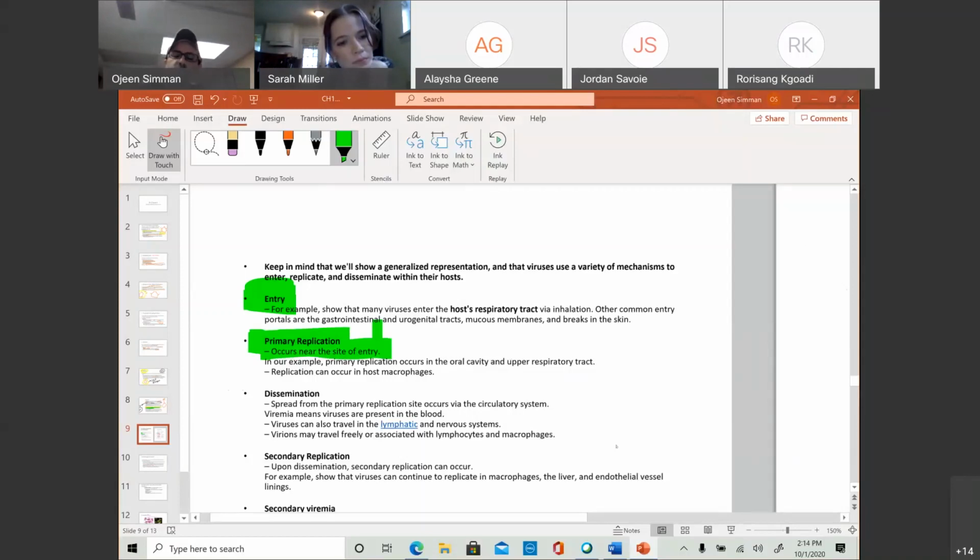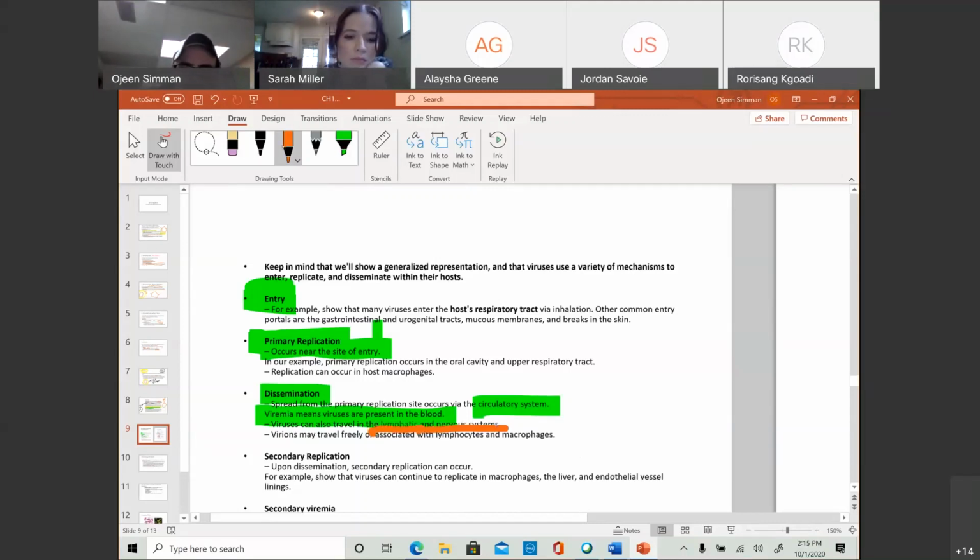Then it can disseminate or spread from the primary location through which it entered, and usually it disseminates through the circulatory system. Viremia means that viruses are present in the blood. Some viruses also have the ability to travel to the lymphatic and nervous system as well.